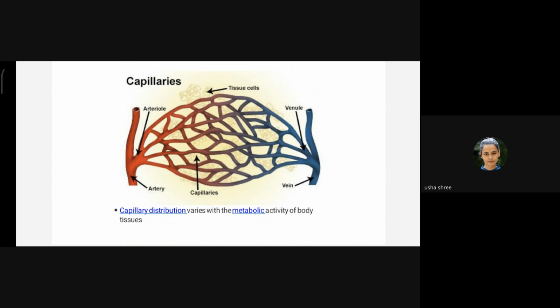This is the structure of capillary distribution with the metabolic activity of body tissue. This is the network of blood vessels everywhere in the body. That is why if any type of injury happens in any part of the body, blood comes out, because this network of capillaries is present everywhere.